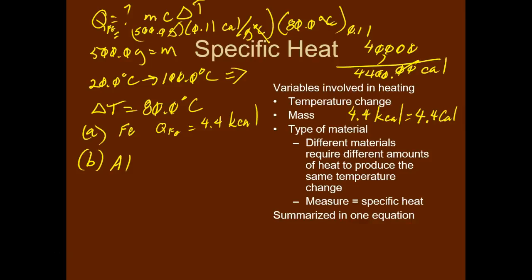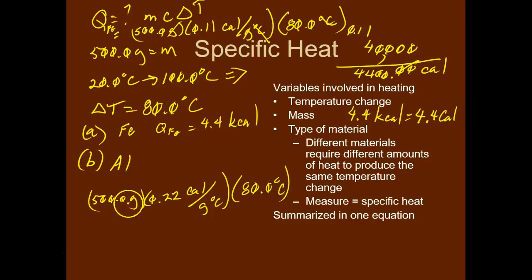For aluminum, the mass is the same, 500.0 grams, but C changes. What would C be for aluminum? 0.22 calories per gram degrees Celsius. And we're also using the same 80 degrees Celsius.